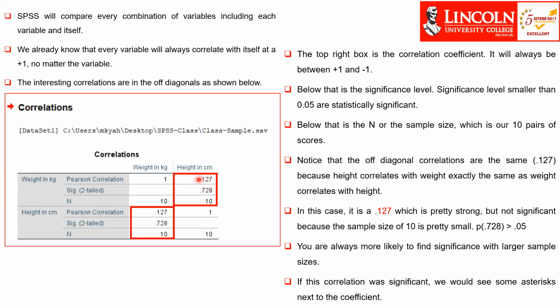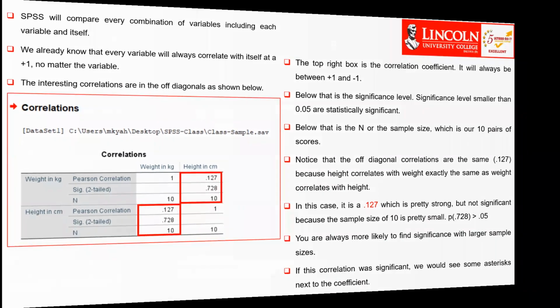If this correlation were significant, we would see some asterisks next to the coefficients, because you have already chosen that option while selecting the options before we came to this output. But at the moment, this correlation is not significant, and that's why it looks the way it does.